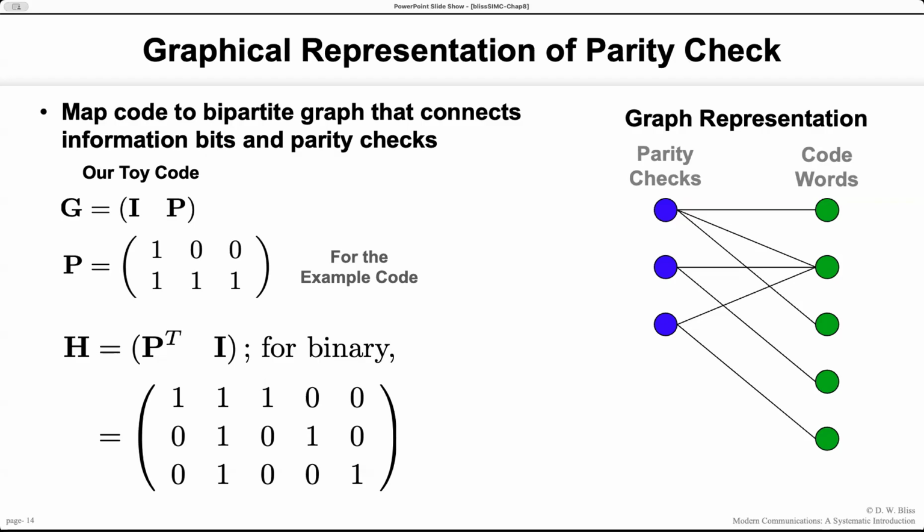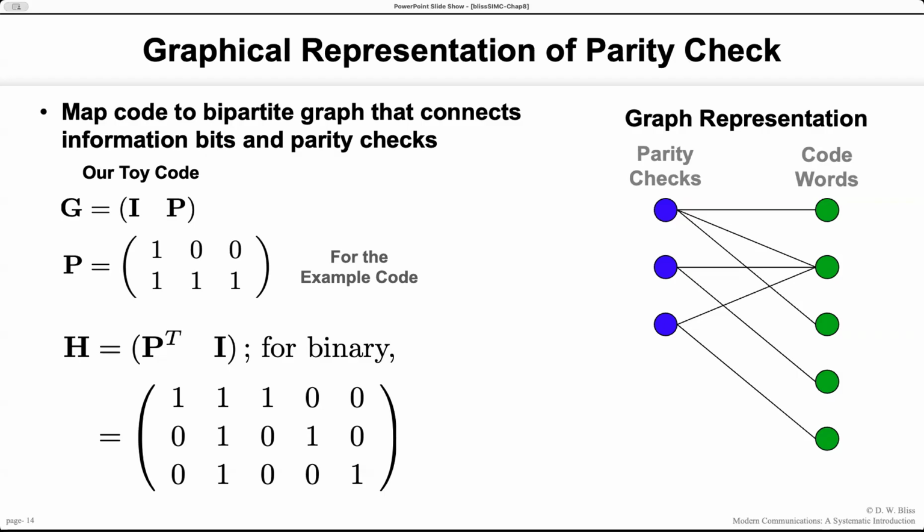We can represent this as a bipartite graph where each one of the parity checks corresponding to the parity bits is on one side, and on the other side are the nodes associated with the code words, and they're connected if there's a one between them. So let's look at the first entry in the code word.